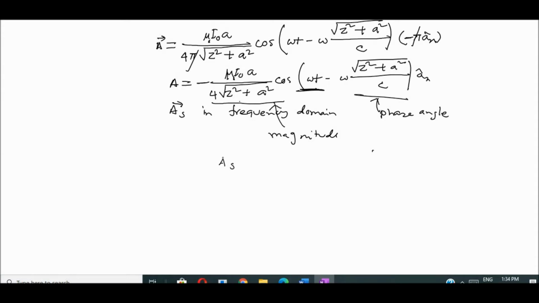So I write As is equal to negative mu naught I naught a over 4 square root of z square plus a square, and the phase angle will be this one.